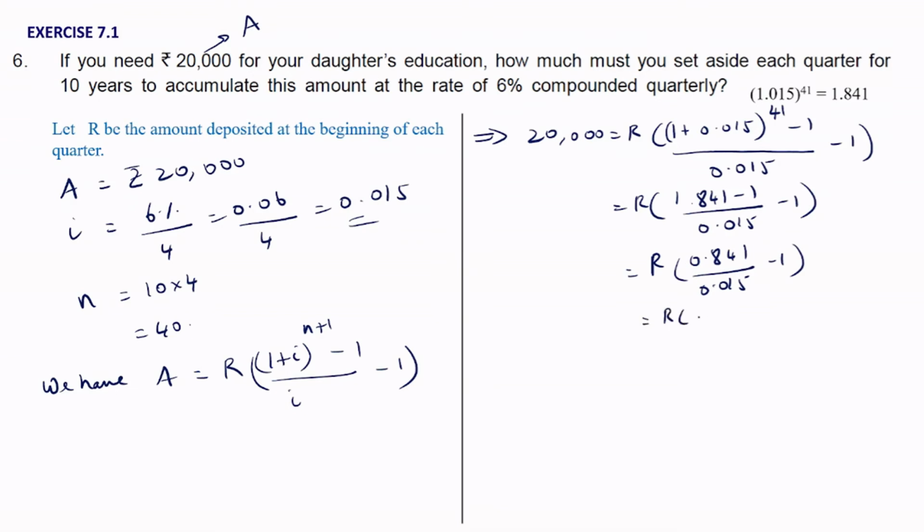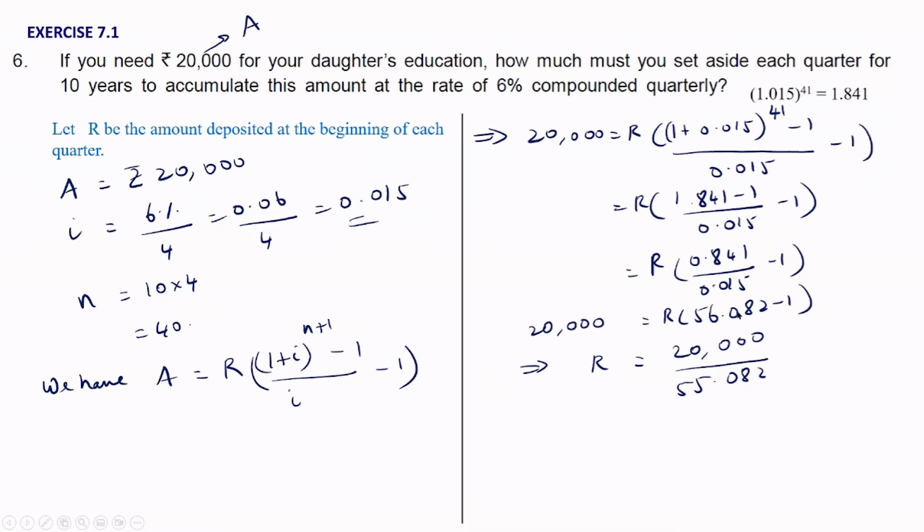Now when we divide, we get it as 56.082. So 20,000 is R into 56.082 minus 1. From this we get R as 20,000 upon 55.082. 56.082 minus 1 is 55.082.